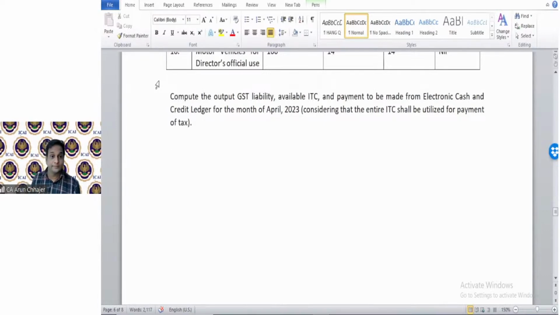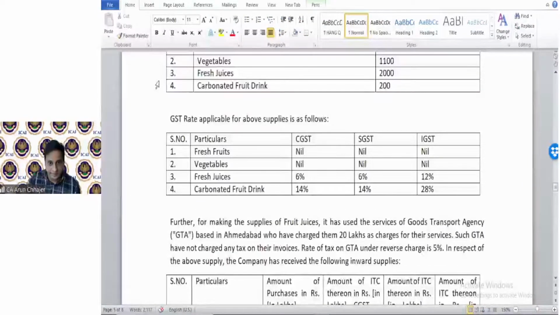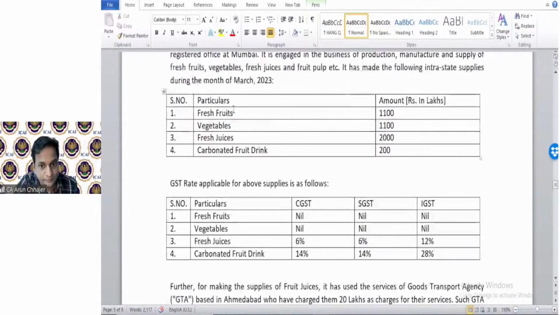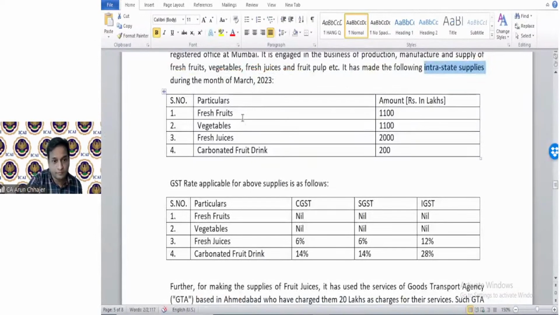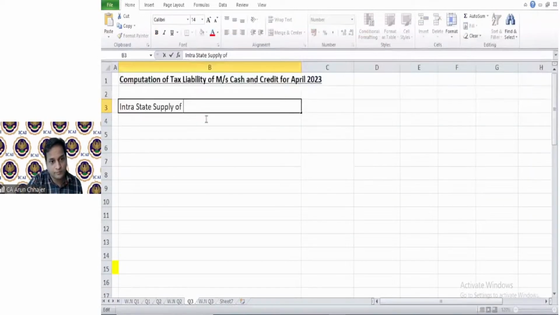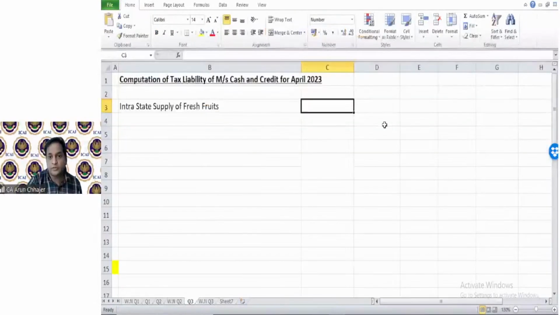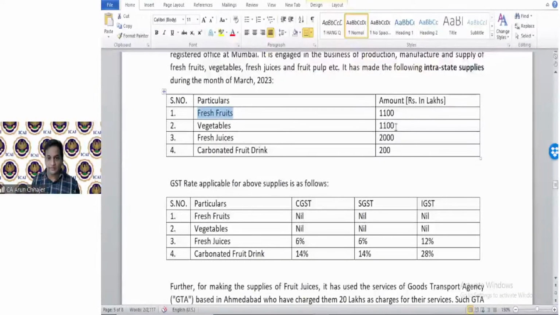Intrastate supply or interstate supply, correct? It is an intrastate supply. Intrastate supply of fresh fruit, value is 1100.